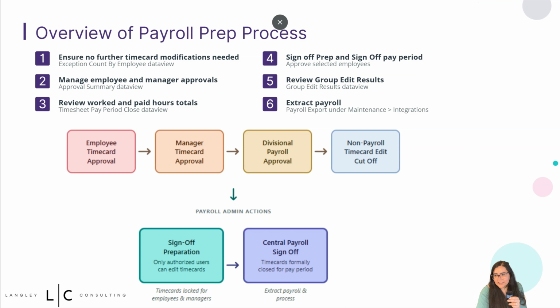Once that's done, it moves to payroll admin actions. A sign-off preparation locks the time card so only authorized users can edit. And then central payroll sign-off formally closes the period. That's when you extract the process. And this is your roadmap for everything we're about to walk through.